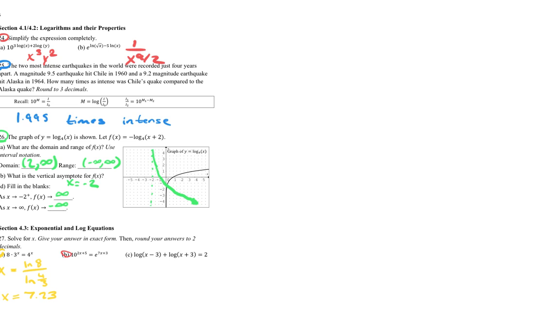Okay, part B, we have 10 to the 2x plus 5 equals e to the 7x plus 3. So we have two different bases here. So we can go ahead and take the log of both sides, and let's take it to log base 10. That cancels the 10 on the left side.